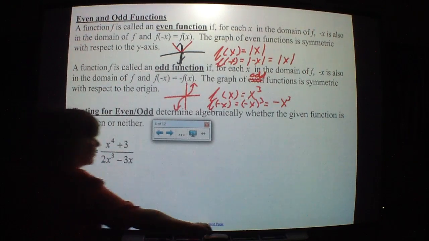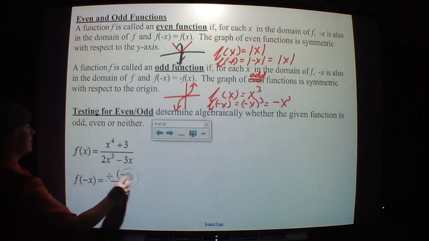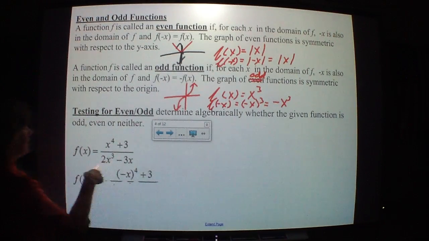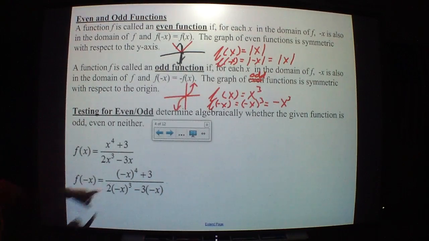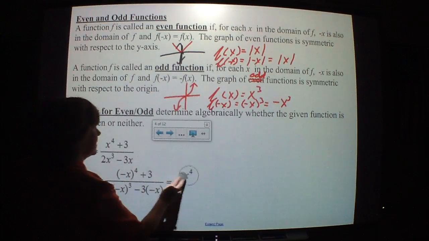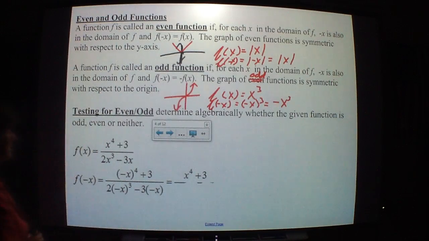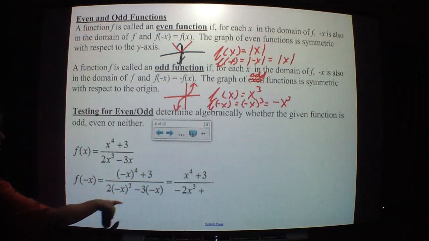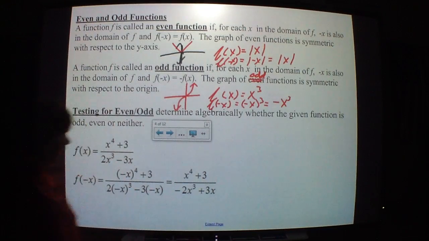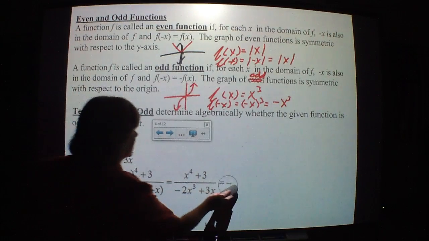Instead of x, I'm going to plug in a negative x. Negative x to the fourth is just x to the fourth. So I have x to the fourth plus 3 on the top. Here I have negative 2x cubed plus 3x.